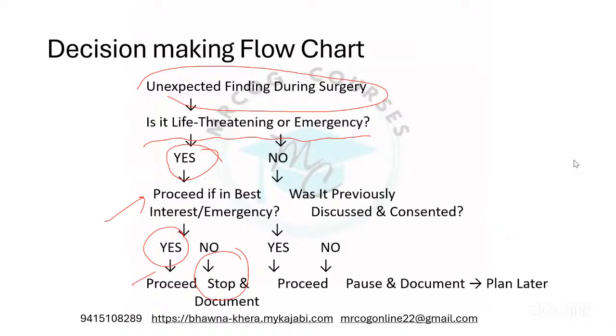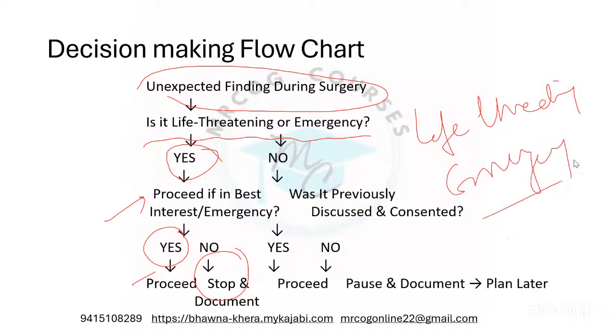Now you will be thinking, what is the difference between life-threatening and emergency, right? There are two terms. Emergency means urgent, okay? Not all urgent situations may be life threatening.